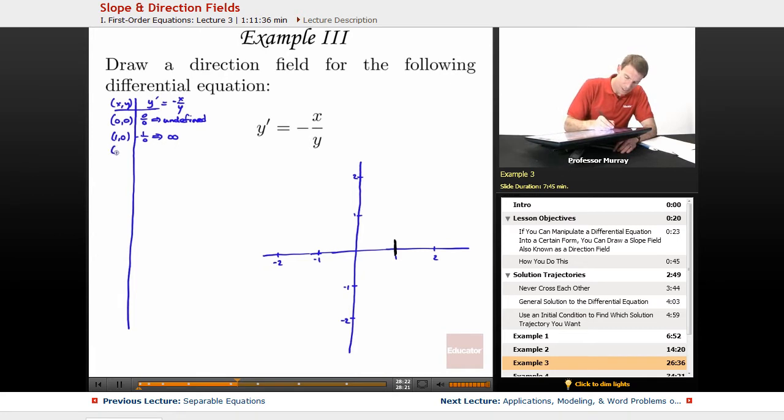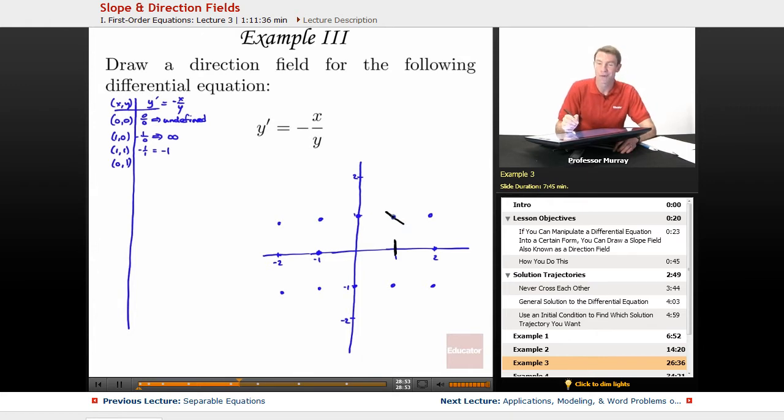Let me try 1, 1 and 0, 1. If I plug in 1, 1, I get negative x over y. Negative 1 over 1 is equal to -1. So the point 1, 1, I just figured out has slope of -1.